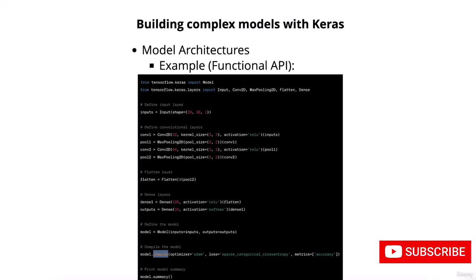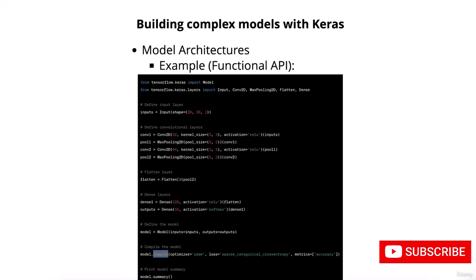Define the convolutional layers by saying conv1 equal to Conv2D, 32, kernel size 3 by 3, activation ReLU, and pass the inputs. Pool1 is MaxPooling2D, give the pool size equal to 2 by 2 and conv1. For conv2, we say Conv2D 64, kernel size 3 by 3, activation ReLU, and pass the pool1. And for pool2, MaxPooling2D, pool size equal to 2 by 2 and pass the conv2.